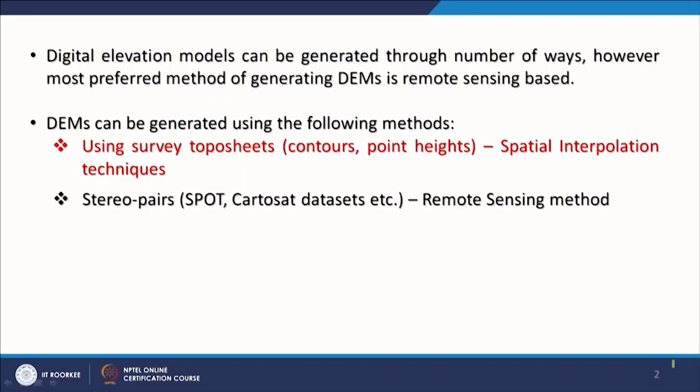And second, among remote sensing methods, this is the first technique which was developed, and it started with the SPOT. Earlier we used to have stereo pairs of aerial photographs, but not stereo pairs acquired by satellites.